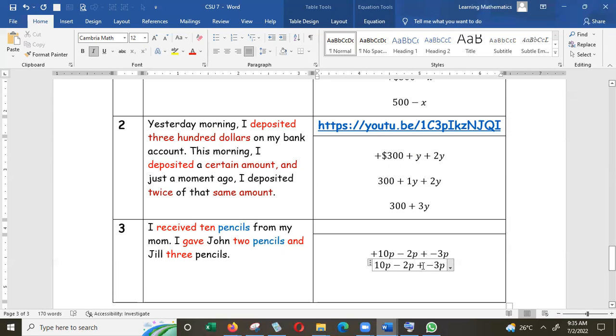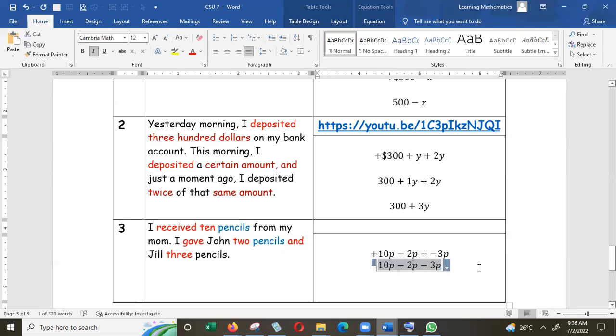The giving away of 3 pencils dominates, because the plus sign there is like a conjunction. You take away 2 pencils and you take away 3 pencils. So the plus sign is passively joining those 2 actions. That's why the minus overrules, because it really did take away 3 pencils from the 10.